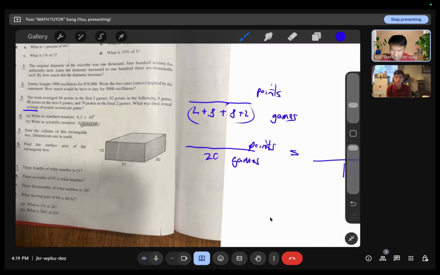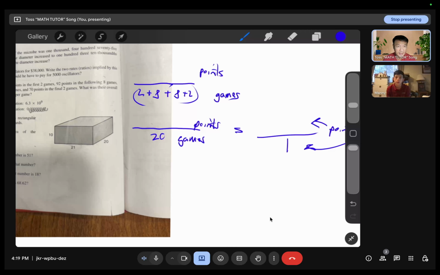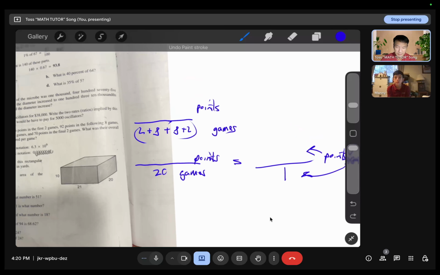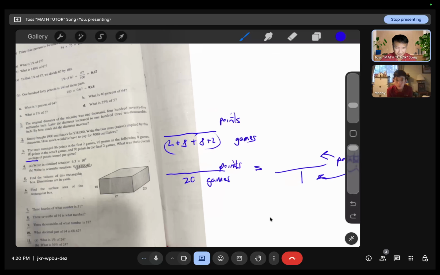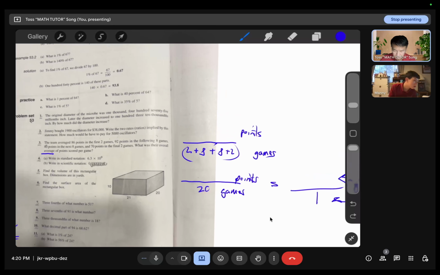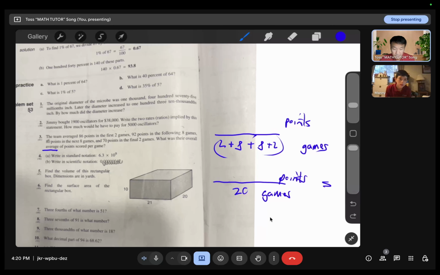I think you understood the layout that I'm heading towards. But the numerator, how do we do it? You add the points. Like you're saying, 86, 92, 80, and 70. That's it?